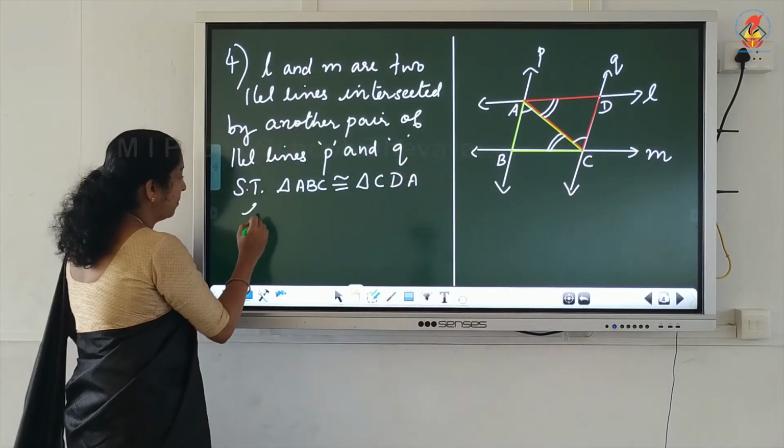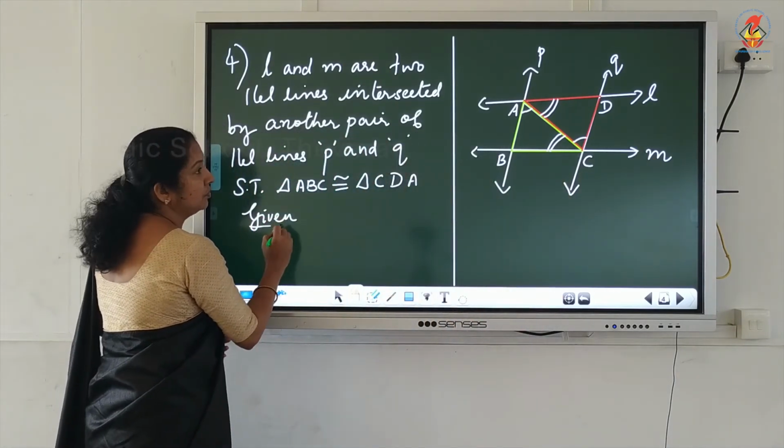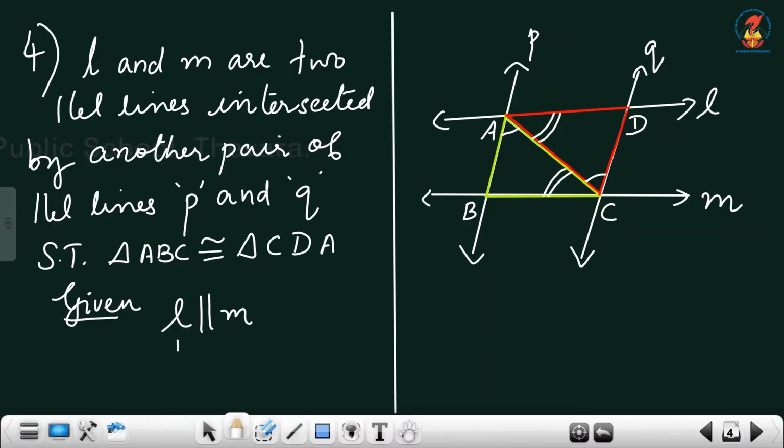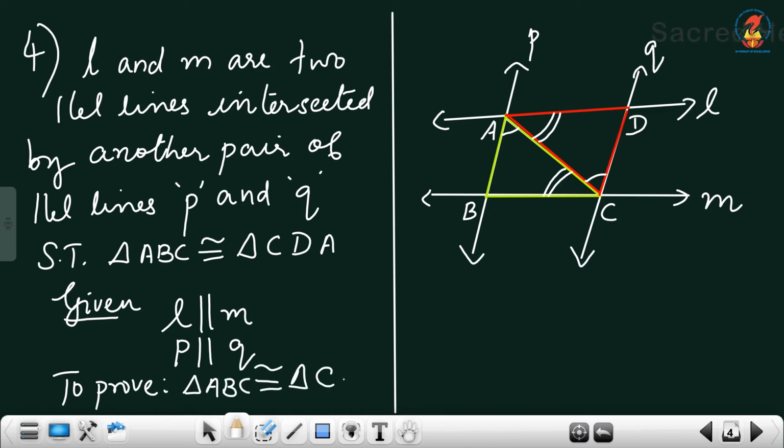So given: L is parallel to M and P is parallel to Q. What we have to prove? To prove: triangle ABC is congruent to triangle CDA. So we need the proof.